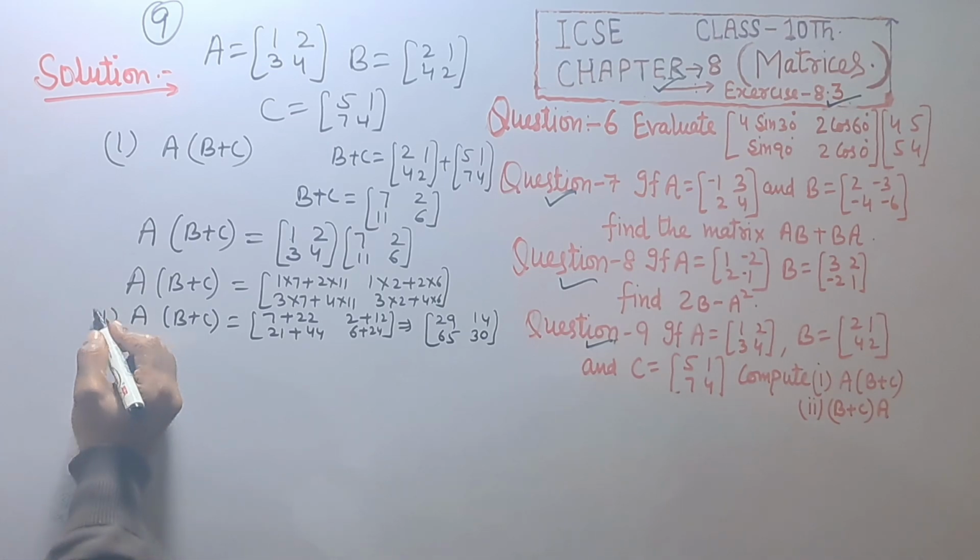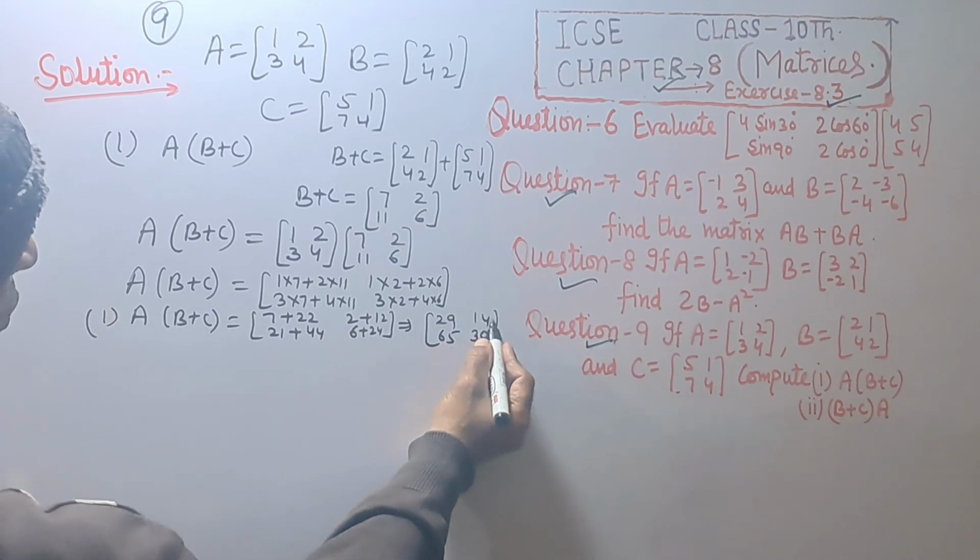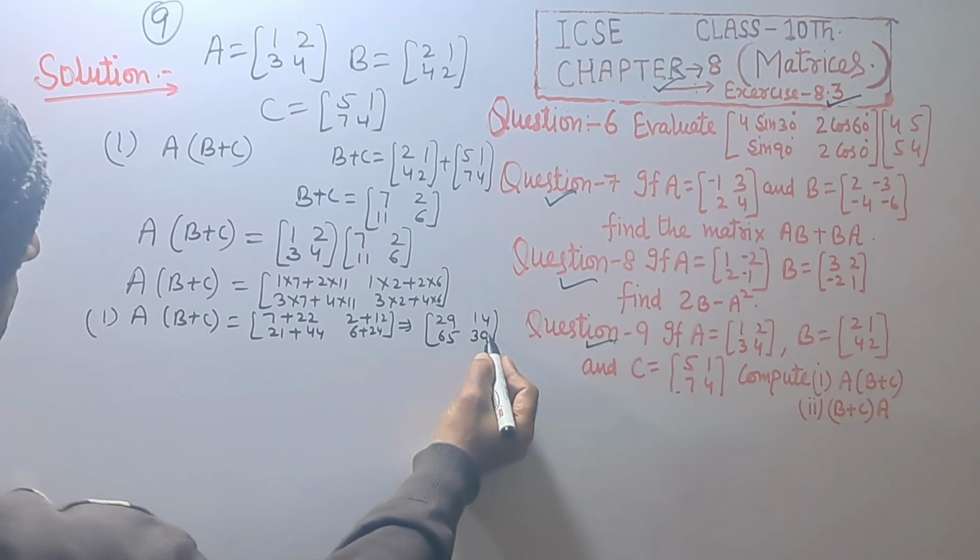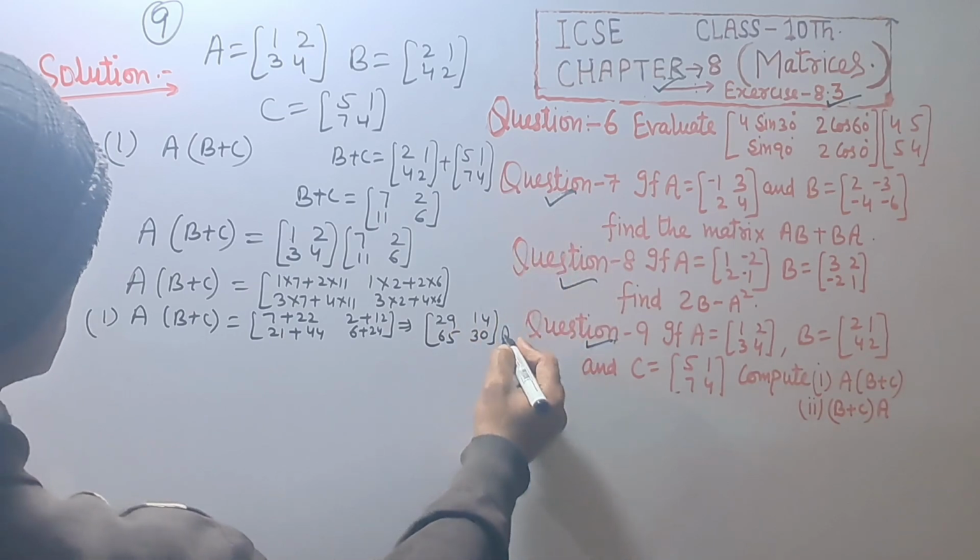First part, that is equal to [29, 14; 65, 30]. Answer.